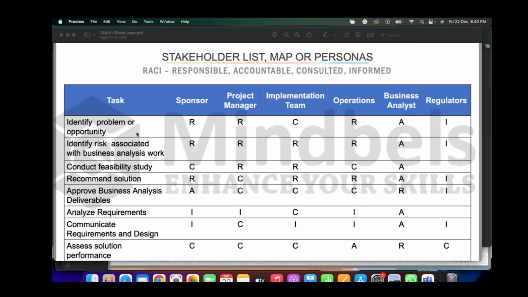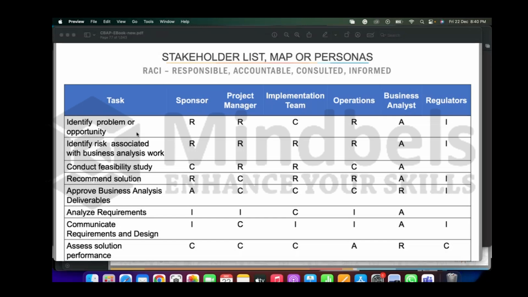The same thing, another example: recommend solution. If you see there, the task name is giving a solution. So who is responsible for that? Again, sponsor, implementation, and operations. Why?